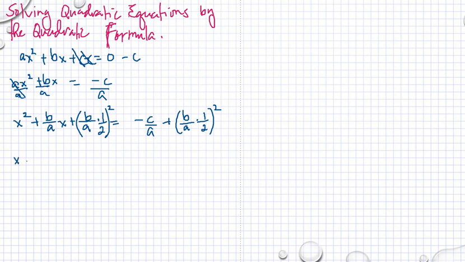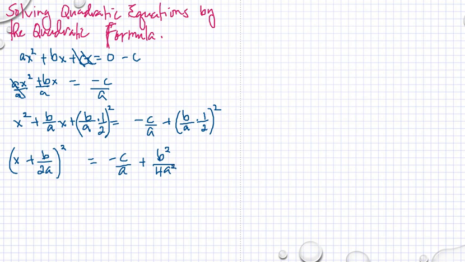So we have x plus b divided by 2a in parentheses squared is equal to negative c divided by a plus b squared divided by 4a squared. So b times 1 is b, the square of that is b squared, and then we have 2a, the square of that is 4a squared.